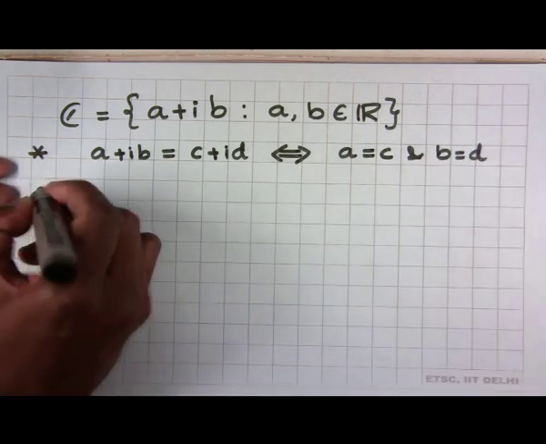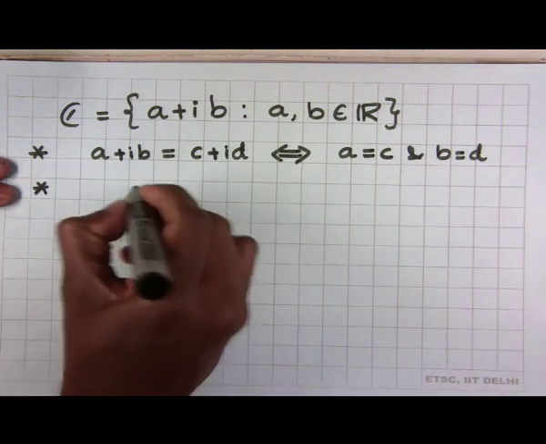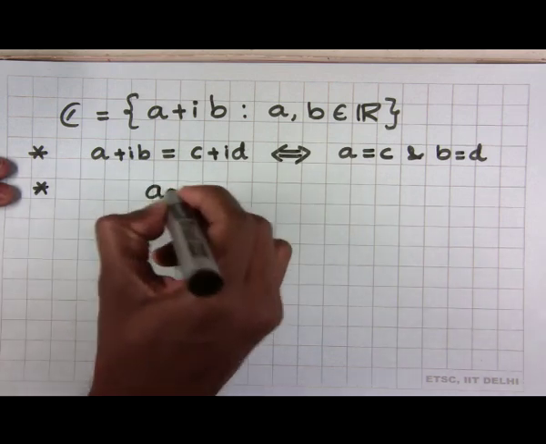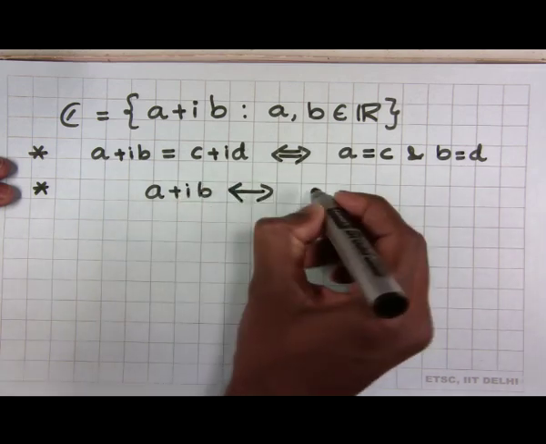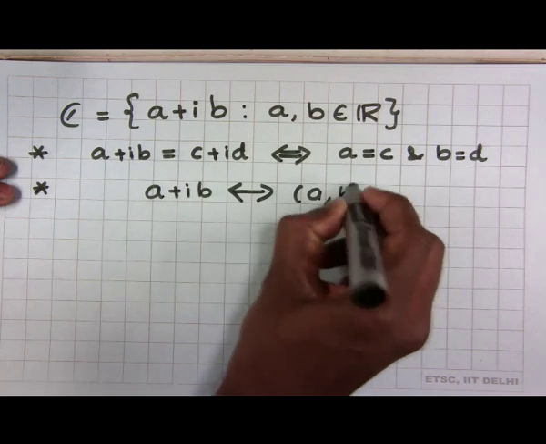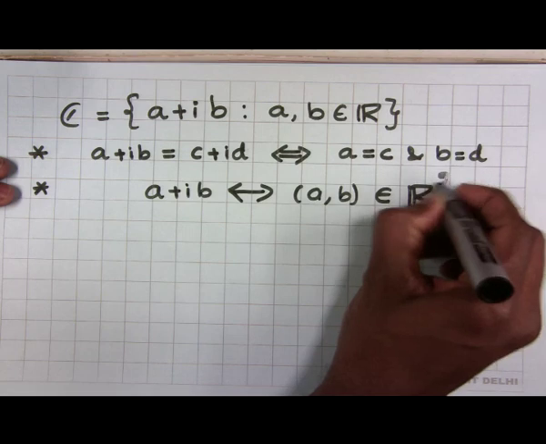Under this equality relation, we showed we can identify each complex number with an ordered pair, that is (a, b), from the plane R2.